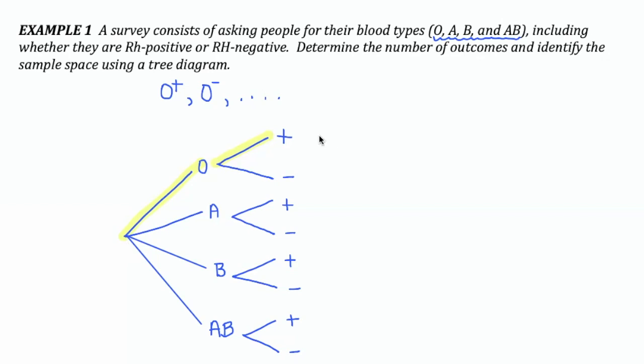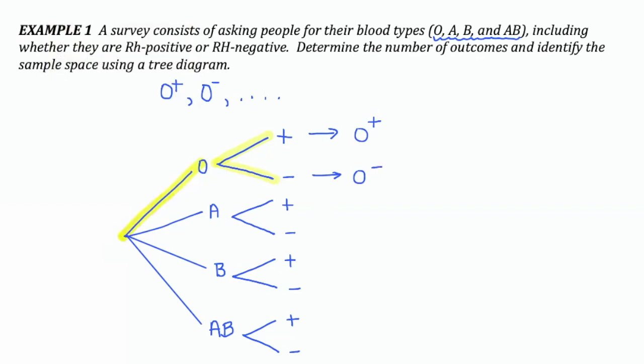This represents being O positive as a possible outcome. Then you walk along another branch and make a different choice. So I might start on the same path, but instead of taking the positive route, I would take the negative route to generate my next possibility.